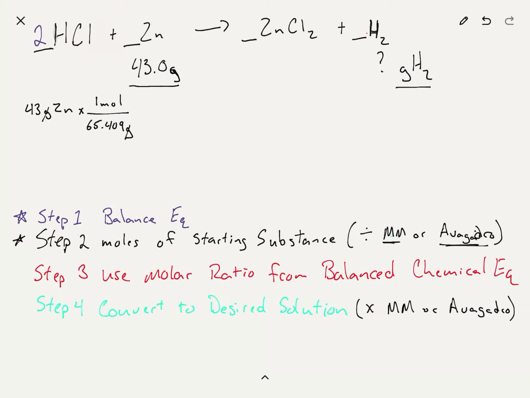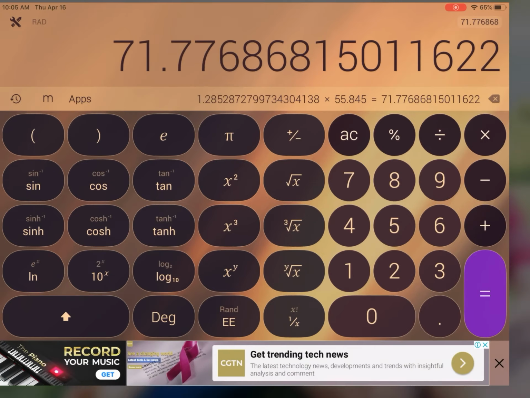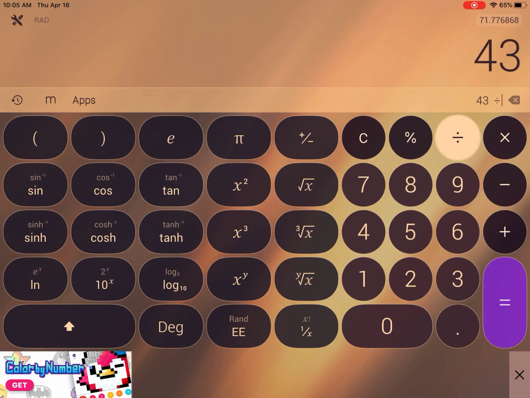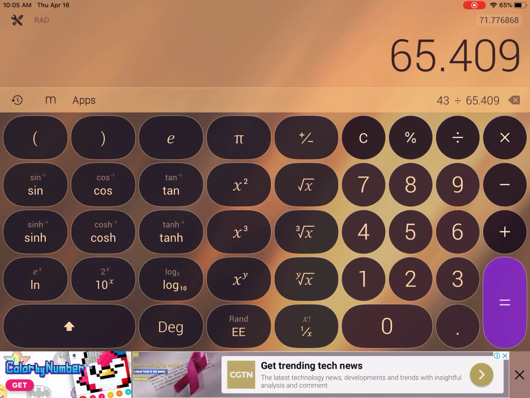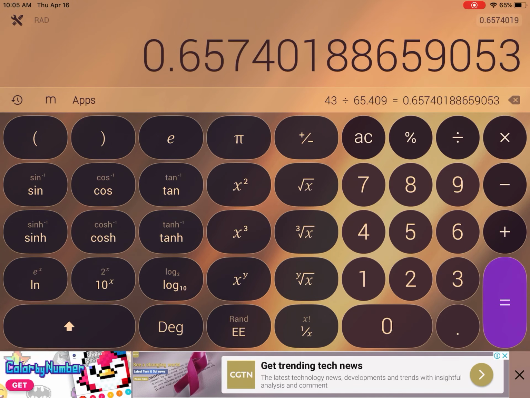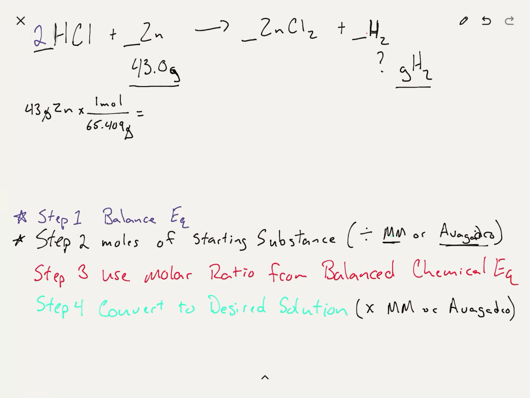So we are going to take 43 and divide by that number. And we get 0.657401. That's how many moles of zinc we have.